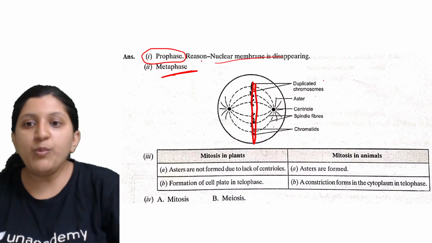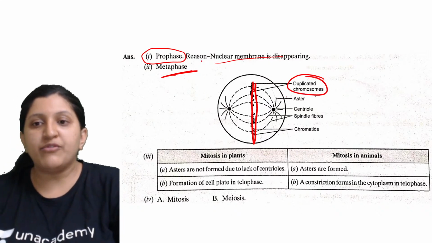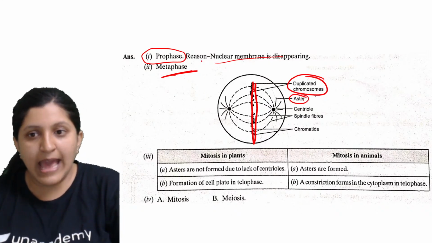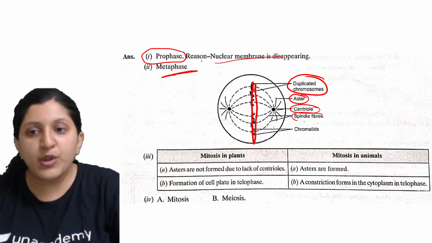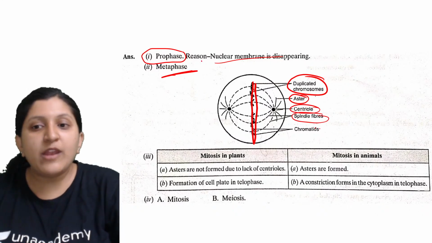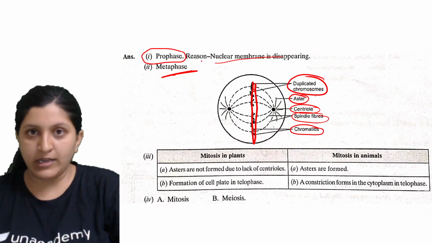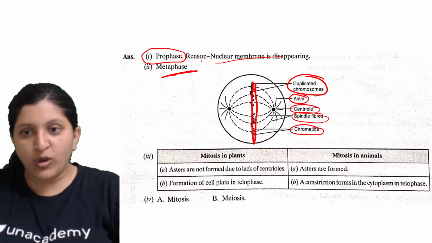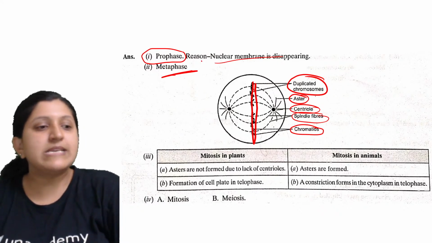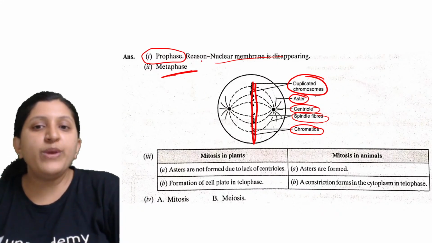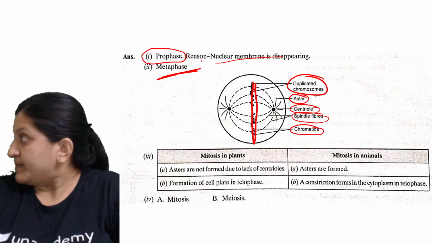Duplicated chromosomes you can find. The aster is there as usual, the centriole is there, spindle fiber you can see, and you can also see the chromatids. So this stage is drawn, and along with that the metaphase is shown.